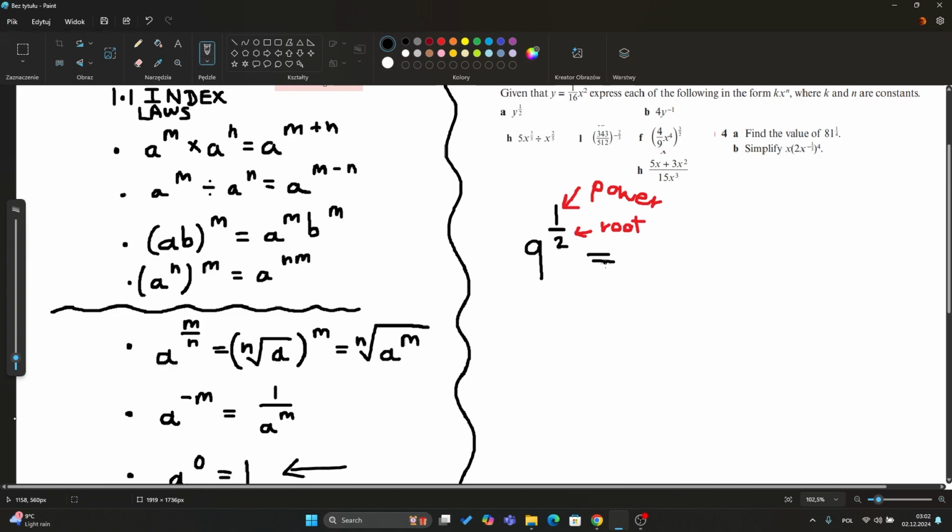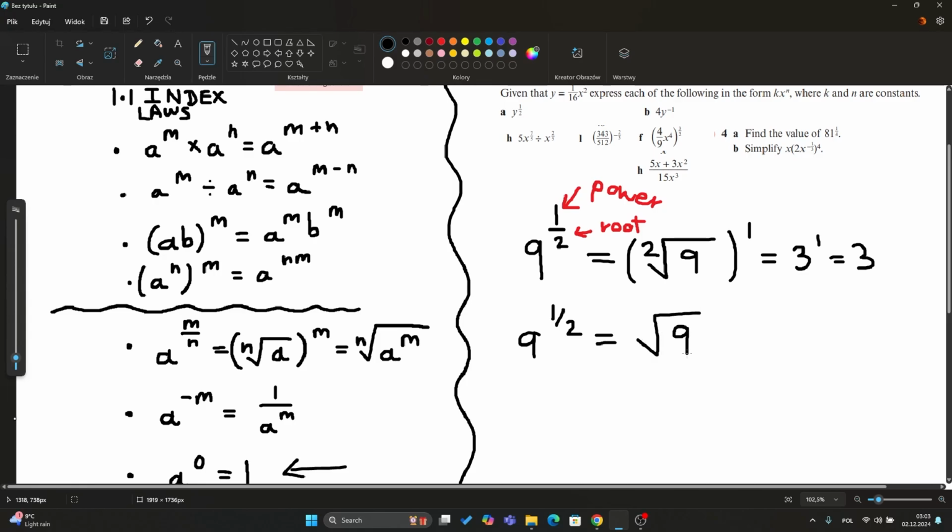So what happens here is that we square root it because there's a 2, and we power 1, and that is 3 to the power 1, which is 3. So 9 to the power of a half is the same as square root of 9.